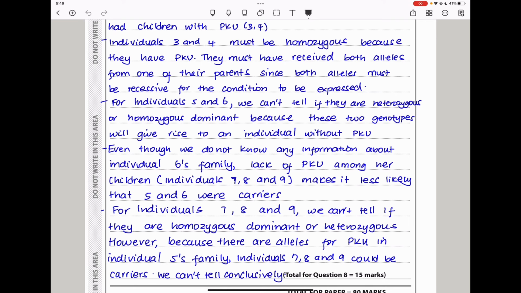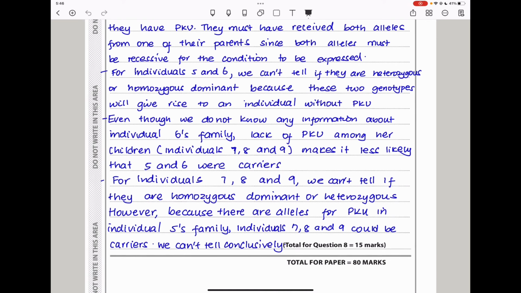Carriers meaning they had that specific allele. Lastly, I said for individuals 7, 8, and 9, we can't tell if they are homozygous dominant or heterozygous. However, because there are alleles for PKU in individual 5's family, individual 7, 8, and 9 could be carriers. We cannot conclusively tell. So this brings us to the end of this paper.